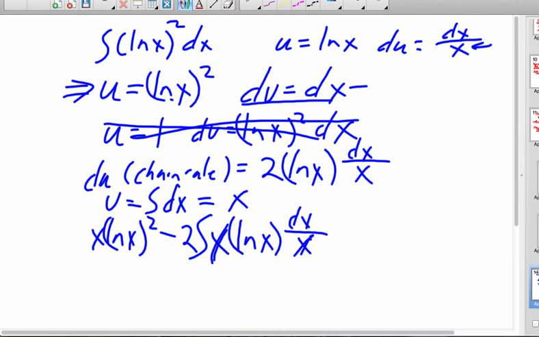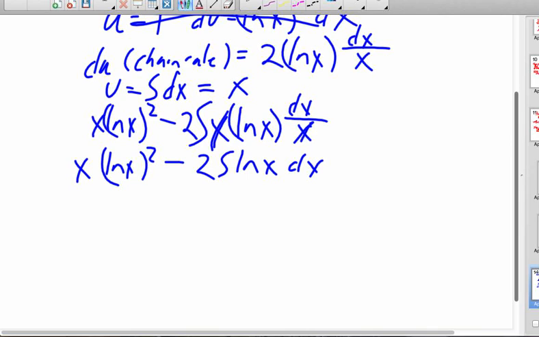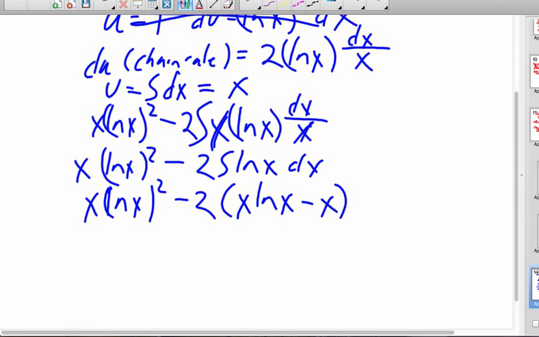So I'm going to end up with x times the natural log of x squared minus 2 times the integral of the natural log of x dx. Or I have x times the natural log of x squared minus 2 times x ln of x minus x plus c. And there's my integral.